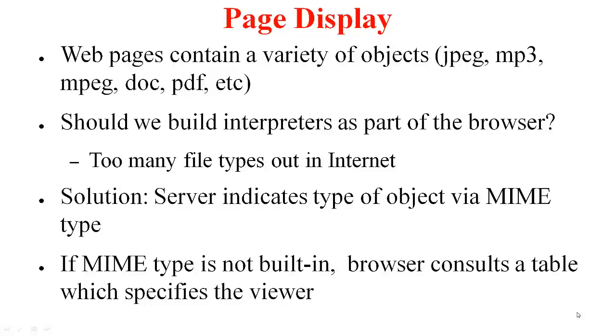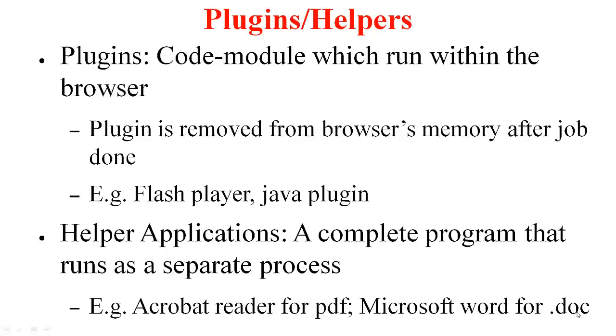And if this particular type is not built in as part of the browser, the browser is going to consult a table which specifies which viewer should be used to display this particular content. There are two methods that are followed here. One is the plugin mode, where the browser itself loads a code module which is going to run within the browser. And once the display is done, the plugin is removed from the browser's memory.